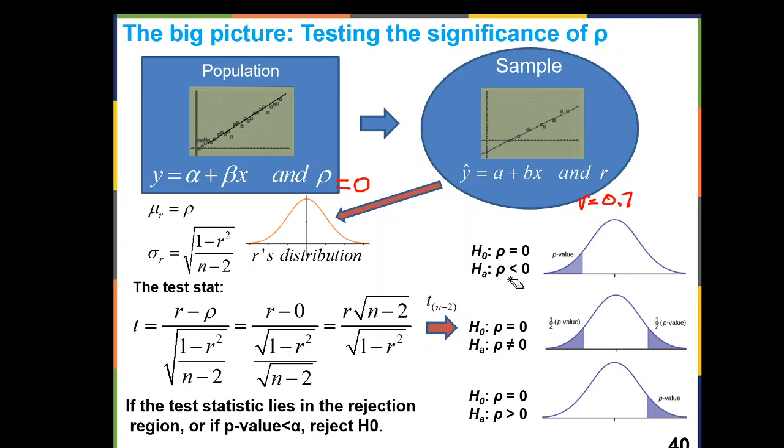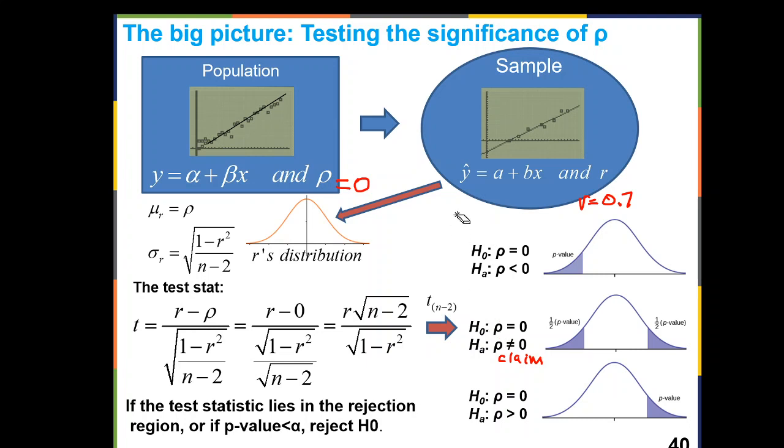Okay, so the alternative hypothesis could be less than, not equal to, and greater than. For example, if somebody says, I don't know whether rho is positive or negative, but I know it's not 0, so let's say this is the claim, right? That would be a two-tailed test.